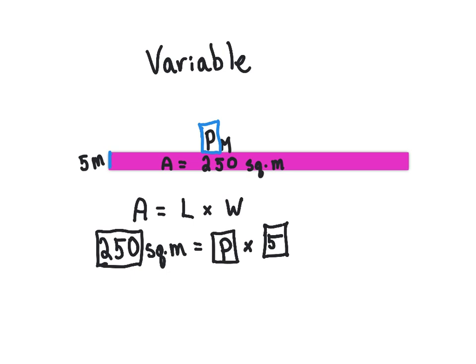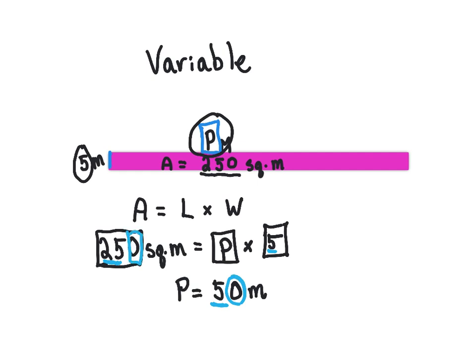So we need to say 5 times what is going to give us 250? Well, the unknown side is going to be 50 meters. So P is equal to 50 meters. That's our missing side, because 50 times 5 is 250. We could say 5 times 5 is 25, and then we have that 0, and there's our 0 right there.